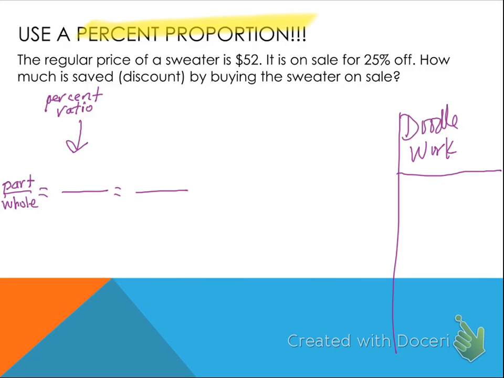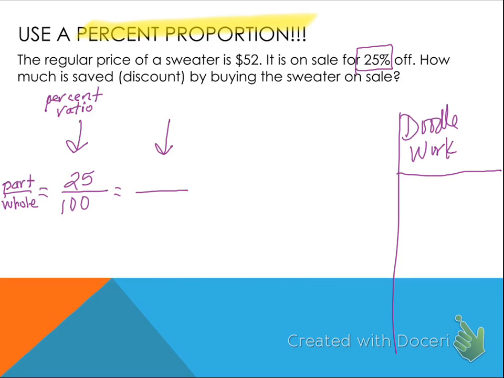So this is the ratio where we look at what the percent is, and we actually write the percent as a fraction. So if you have 25%, you have 25 out of 100, because that's what percent means, is per 100. So 25 per 100, 25 for every 100, 25%.